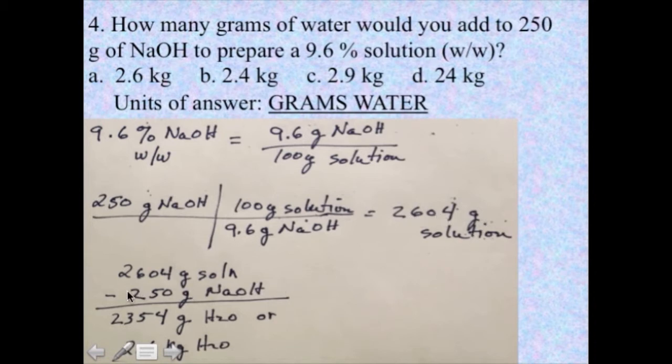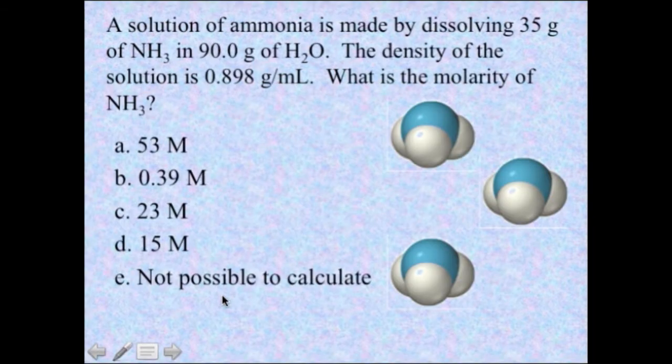We subtract the grams of NaOH to give us the grams of water that we have to add to get that percentage. So now try this one, pause your playback, and come back.